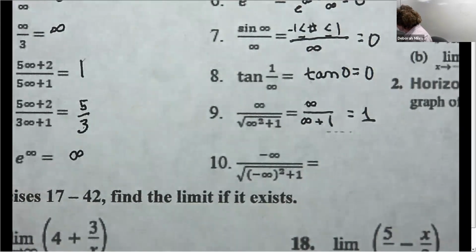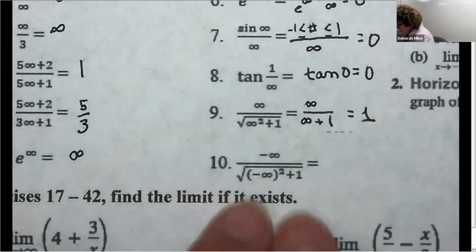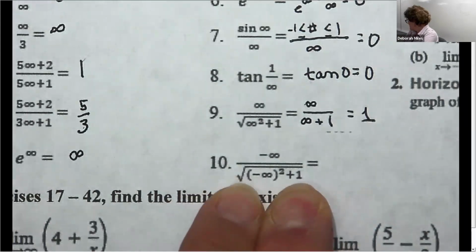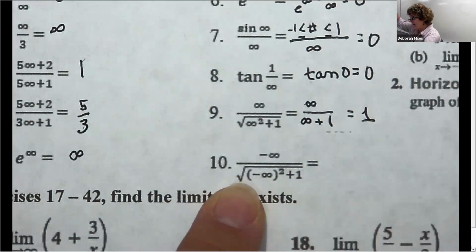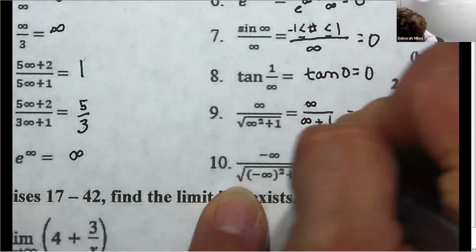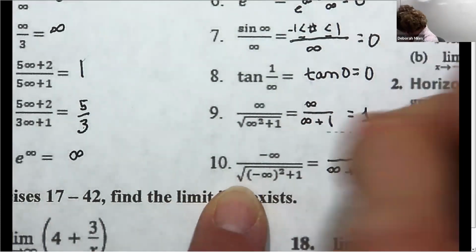All right, what about number 10? Yes, because what can you tell me about the sign of that denominator? The square root of anything using that symbol in the denominator means positive square root. So the denominator is approximately infinity plus 1.